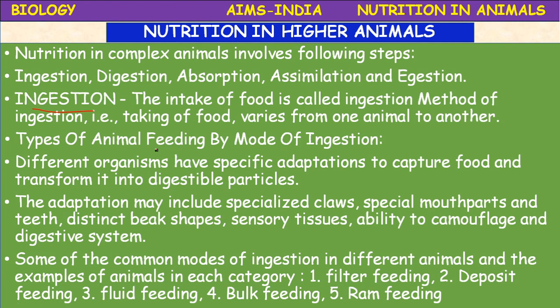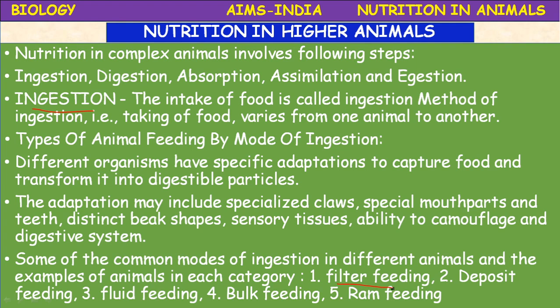Filter feeding is one method where the organism passes water through specialized filtering organs. The organisms feed by straining suspended particles and digestible matter from the water, and such organisms are ecosystem engineers.